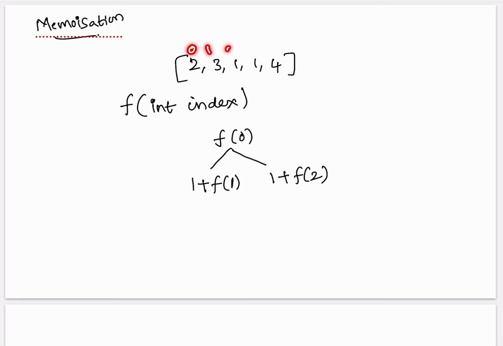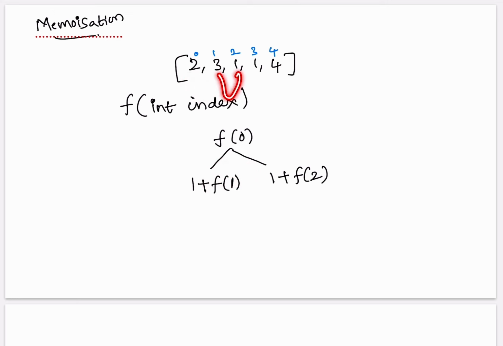This is indices 0 1 2 3 4. Now these are the cases we generated. If you are at index 1 right now, from index 1 the number of steps you can take is at most 3.